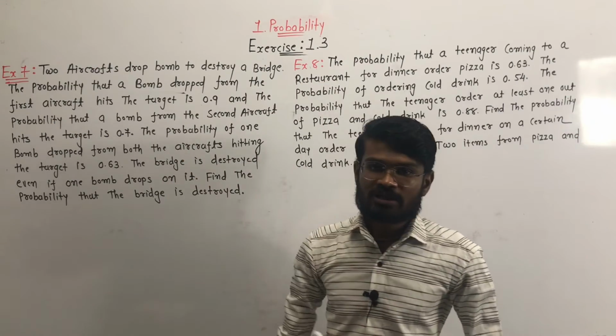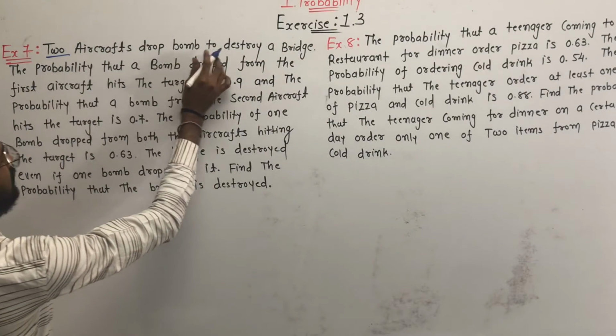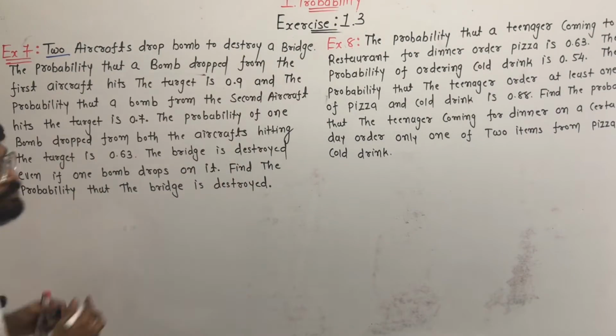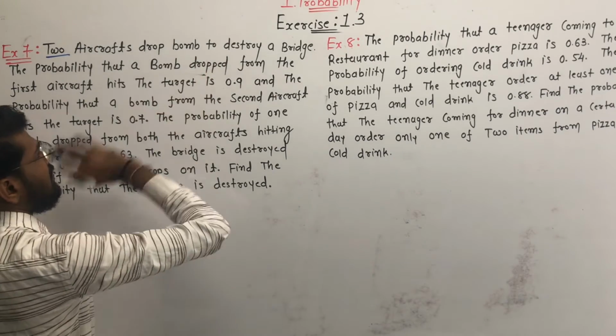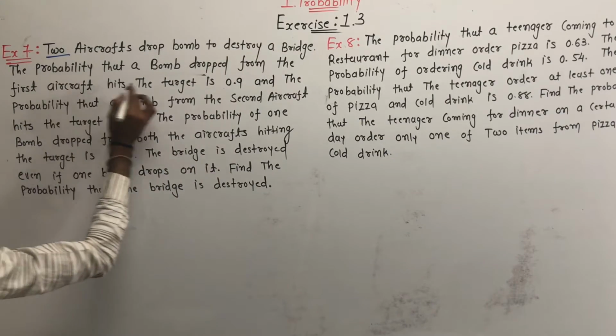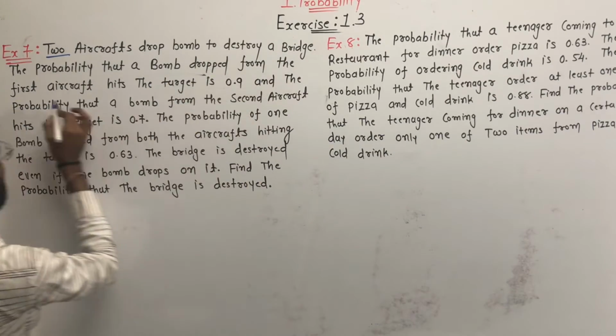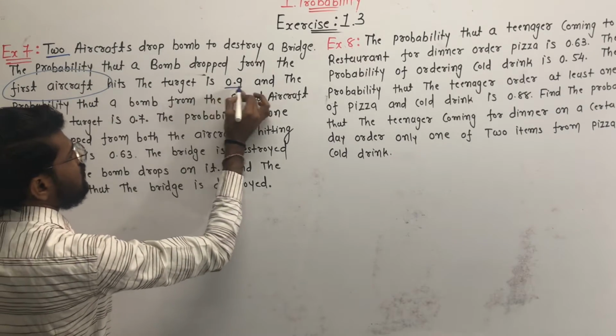Okay, now come on to example number 7. Example number 7 is: two aircraft drop bombs to destroy a bridge. The probability that the bomb from the first aircraft hits the target is 0.9.